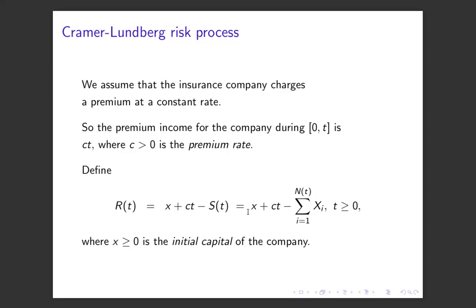See, from 0 up to time W1, this NT would be 0. So this is just 0, it doesn't change. And between W1 and W2, it will be just I going from 1 to 1. So it is just X1. It doesn't change up to time W2 and so on.